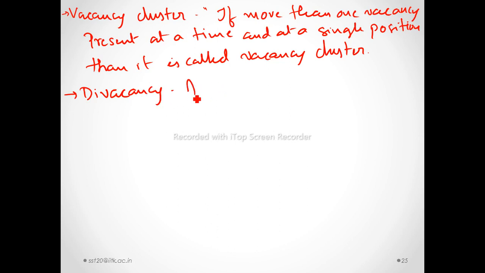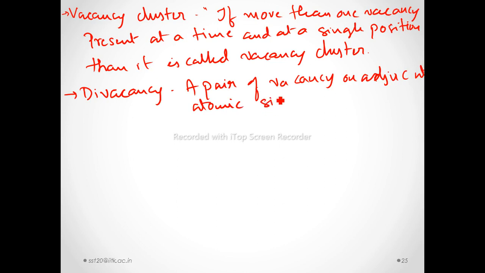A pair of vacancies on adjacent atomic sites is known as a divacancy.